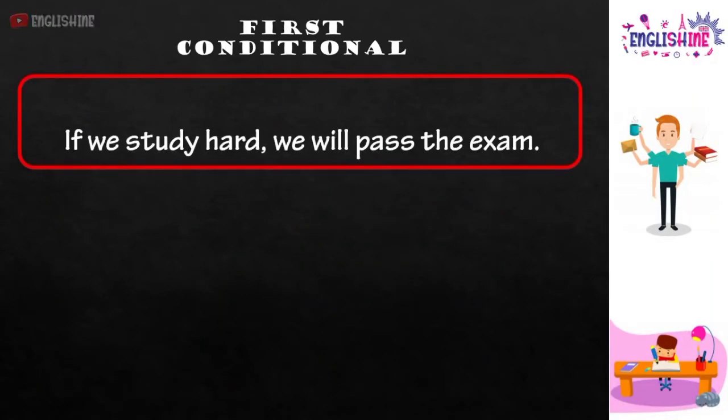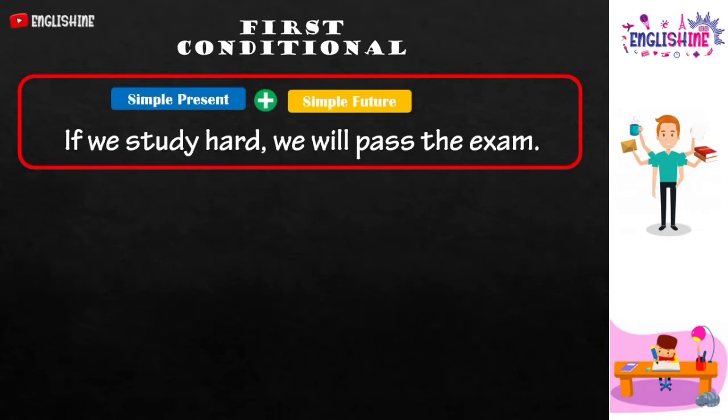If we study hard, we will pass the exam. This is the example of the first conditional sentence. The first part is the simple present tense, and the second part is simple future tense. What does it mean?